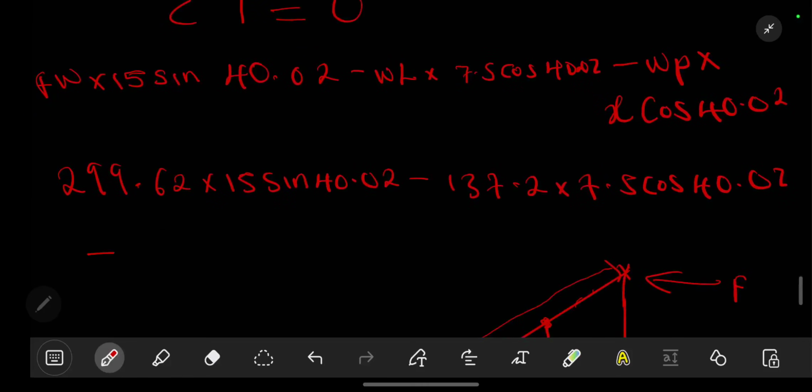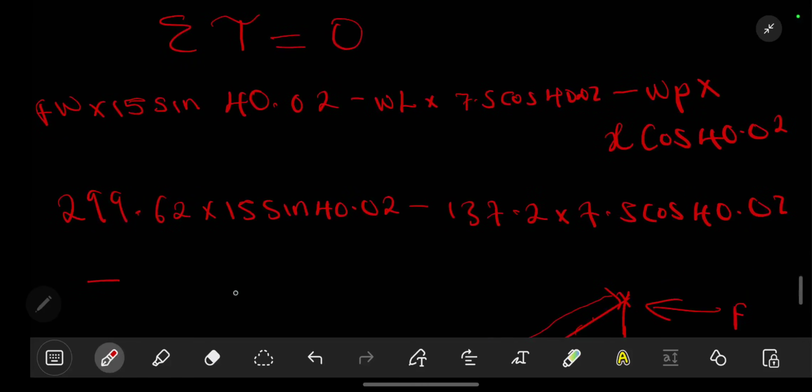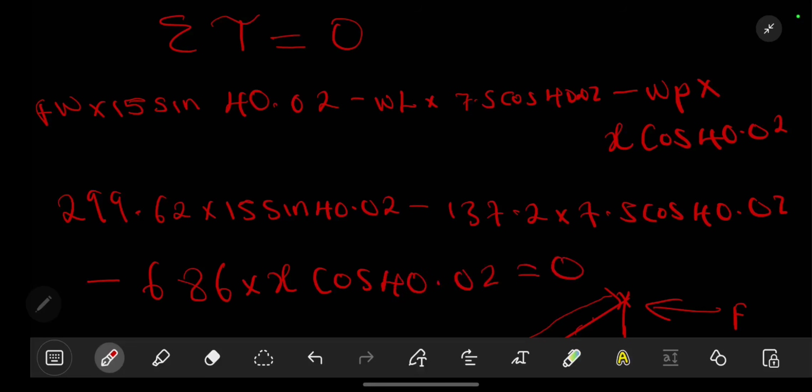Then we have minus another one, which is our weight of the person, which is 686, times x cosine of our 40.02. This should be equal to 0.